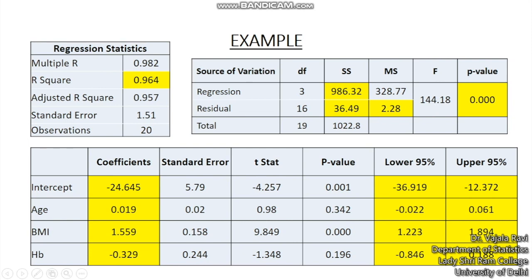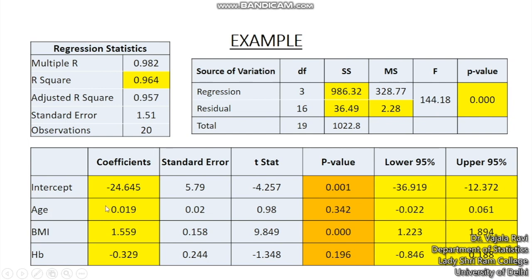If we wish to have a point interval estimate, so this is the interval estimator for the intercept and the slope coefficients. Next, we look at the p-value. We wish to know whether these coefficients are significantly different from 0 or not. So the intercept is -24 and the p-value is significant, so the model should be having an intercept.